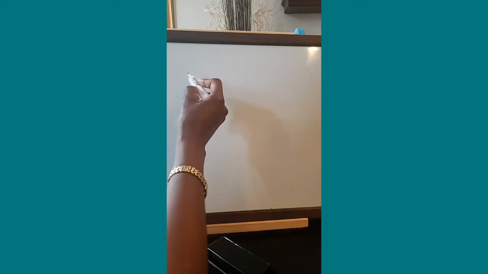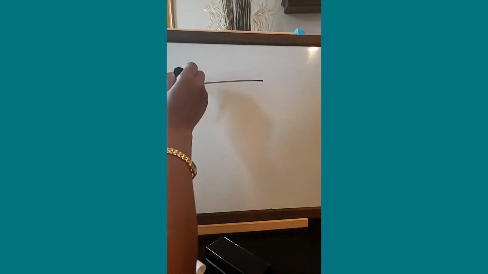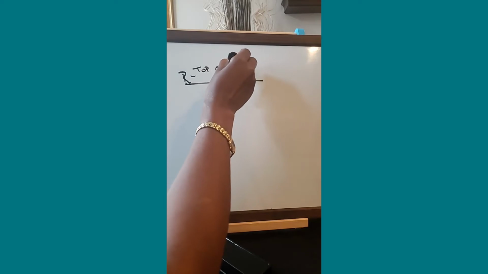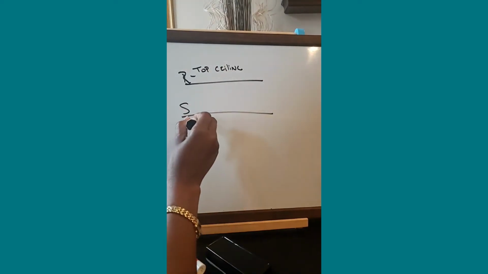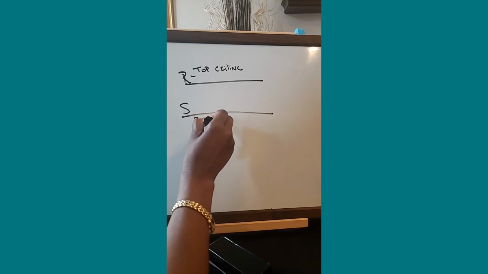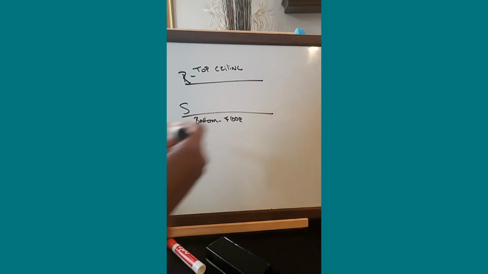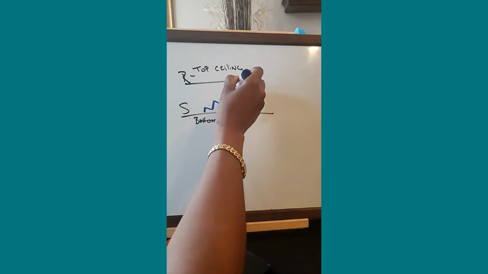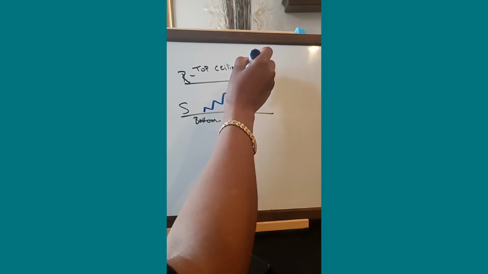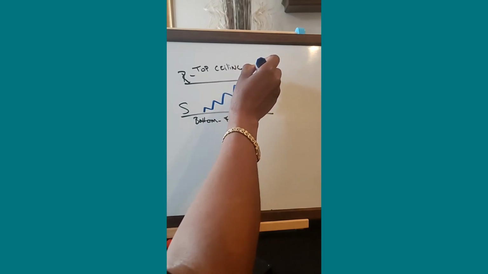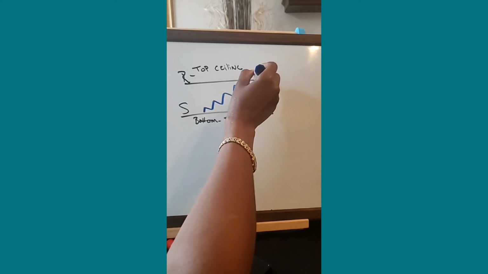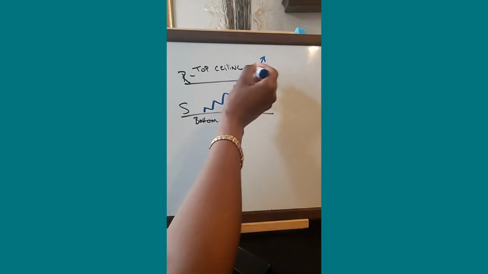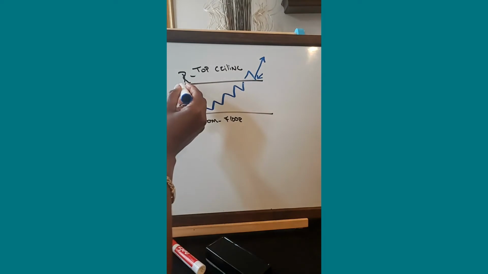So again, you have your resistance, because we know resistance is always at the top. That's the ceiling. And support is at the bottom, and it is the floor. So if price has come up, say it broke through, comes back, retests this zone or this level, and continues to the upside, this is a retesting of resistance.